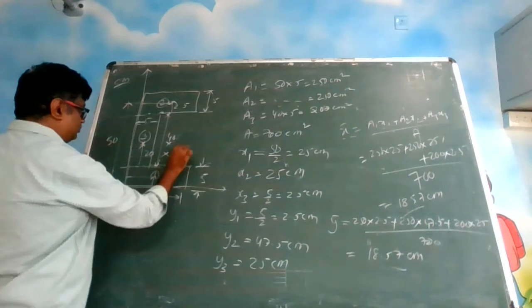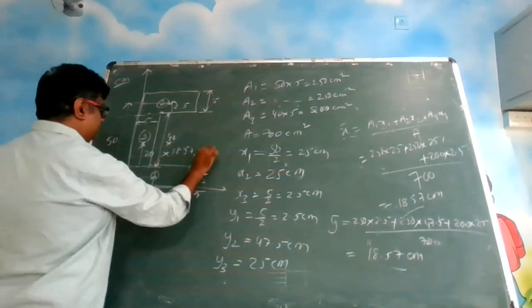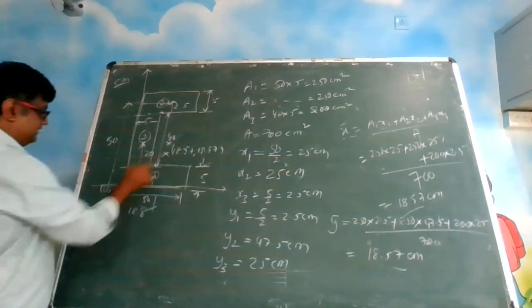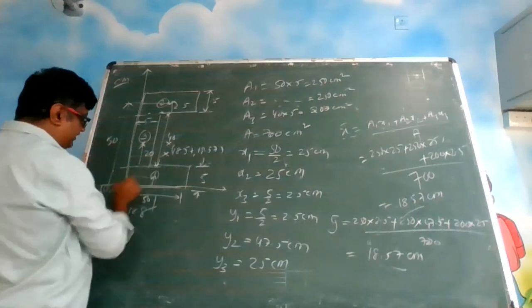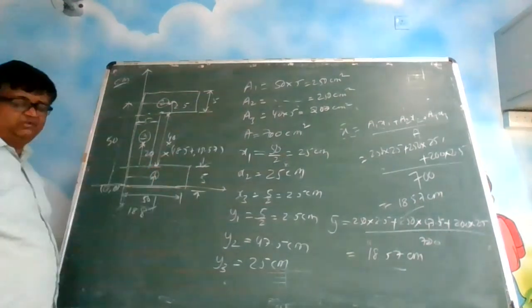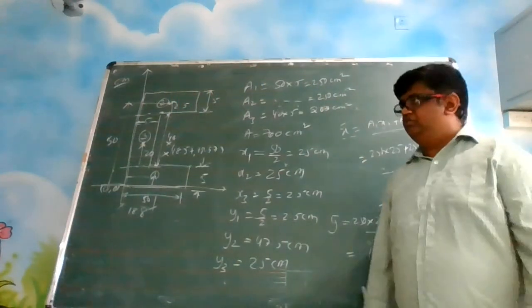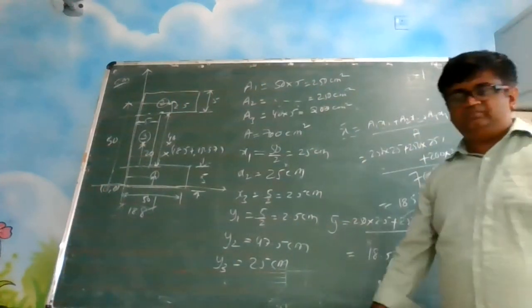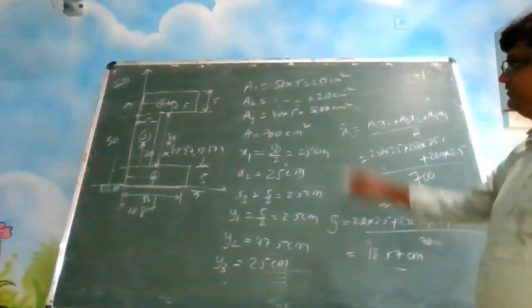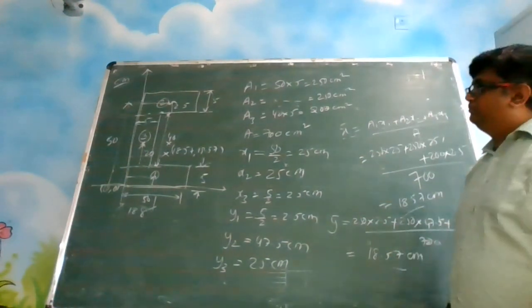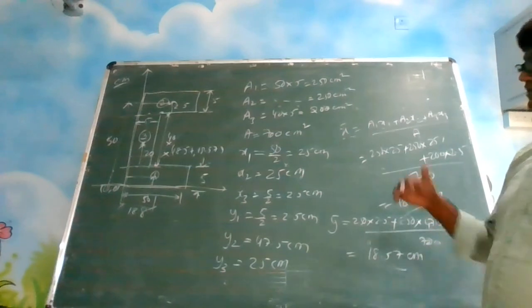So this coordinate is 18.57, 18.57. You can see that the center of mass, the centroid, is outside the figure. So is it possible? The answer is yes, it is possible. Sometimes it is outside, you know. So this is the method.